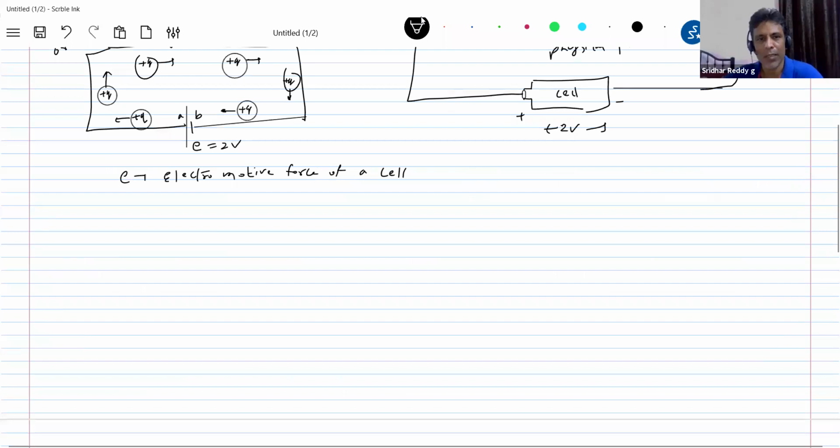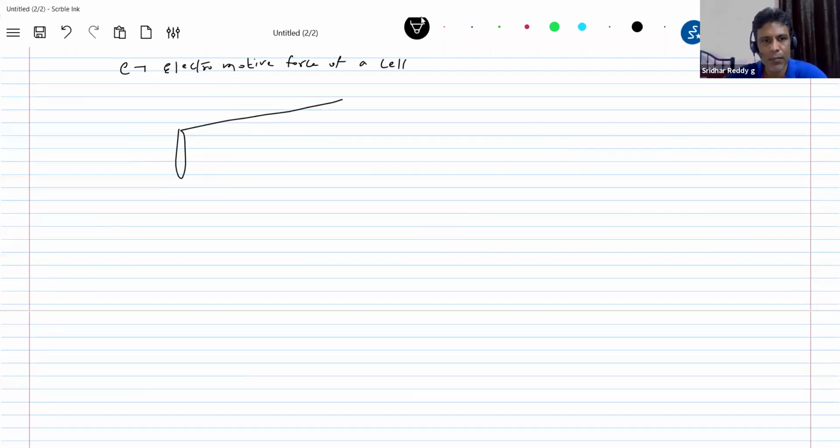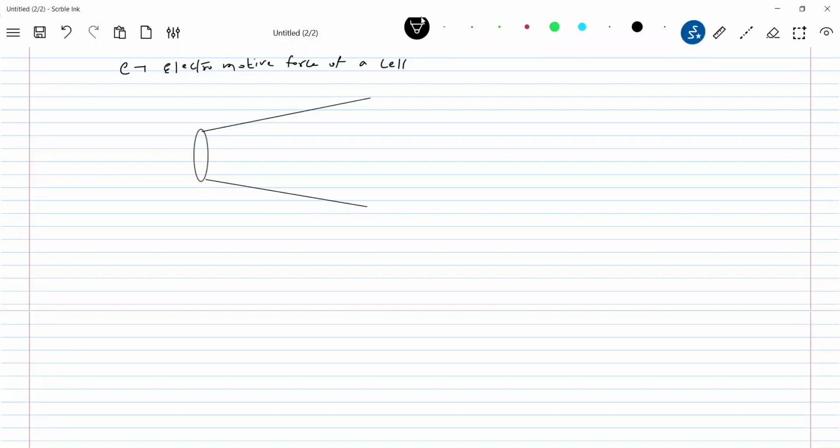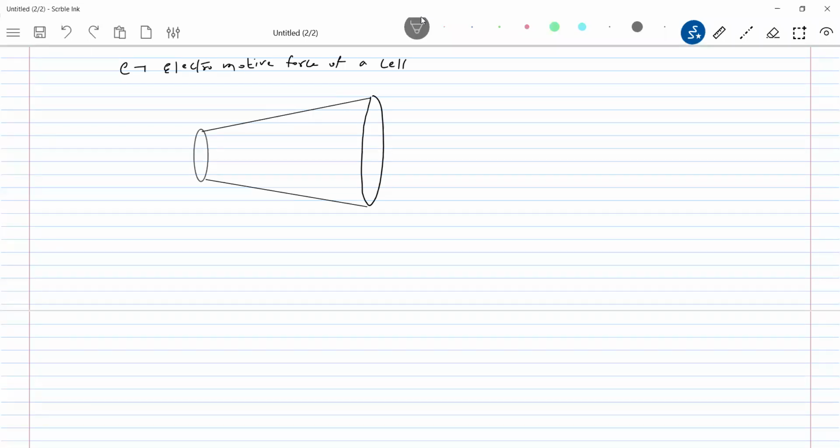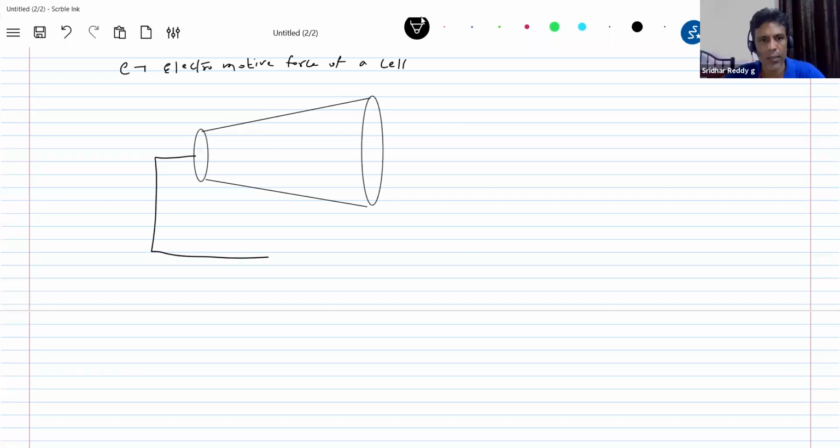Okay, let's do one thing. A few more basics we will work out. If the conductor is of some shape, I'll connect it across a cell.